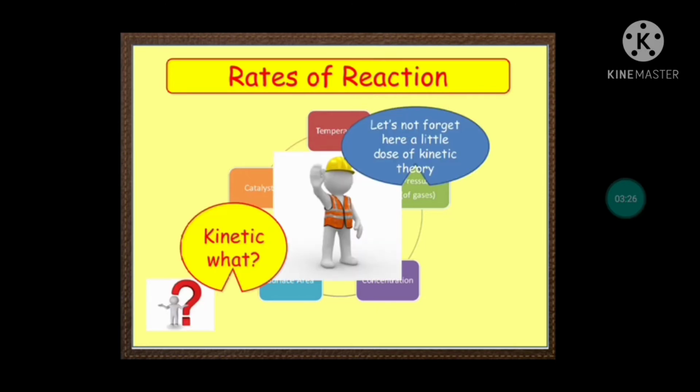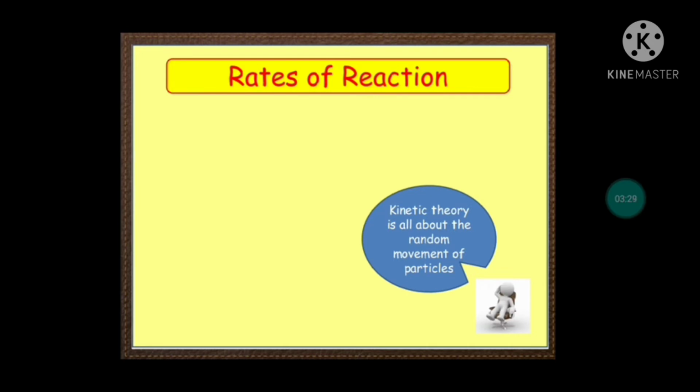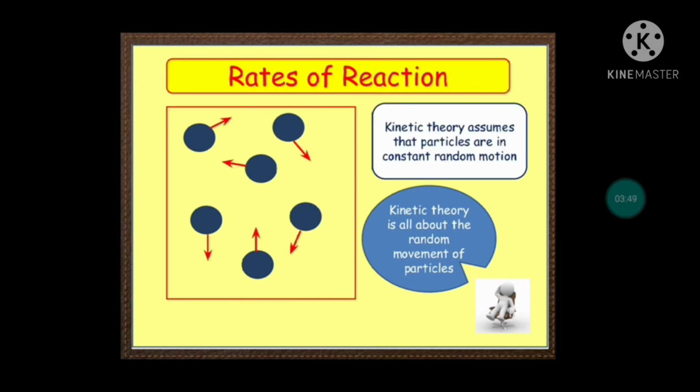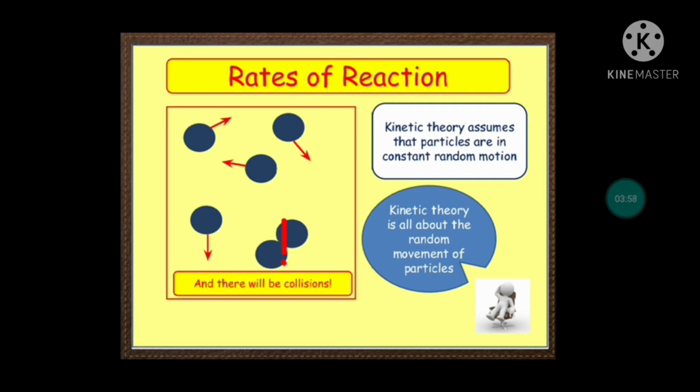So we'll start with the kinetic theory, and kinetic theory will help us explain how these factors affect the rate of reaction. Kinetic theory is all about the random movement of particles. You can check it here, random movement is happening. Kinetic theory assumes that all particles are in constant random motion and there will be collisions.